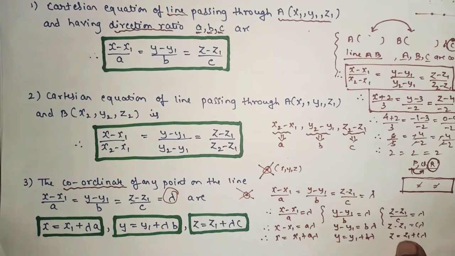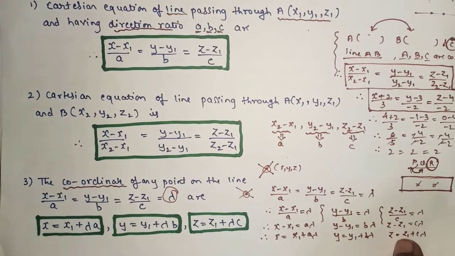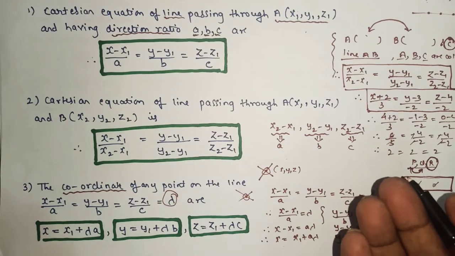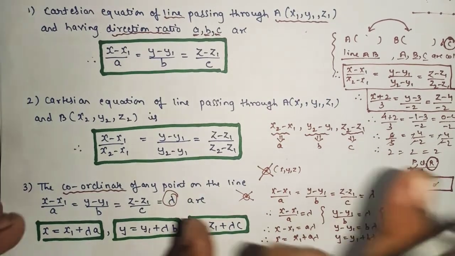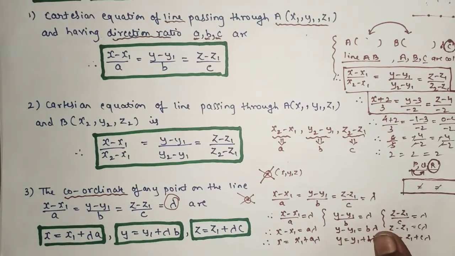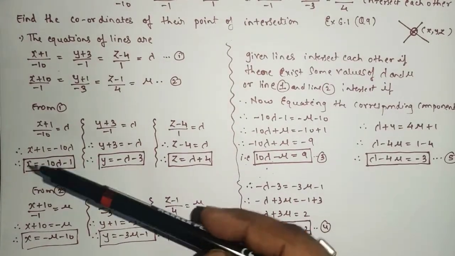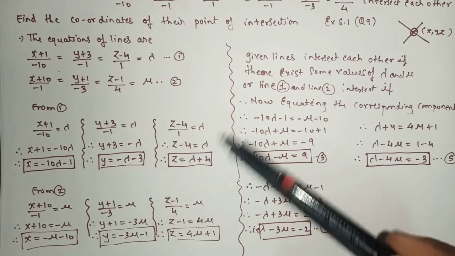So if you want to determine whether the lines are intersecting or not, in simple language, the lines intersect if their x coordinate, y coordinate and z coordinate are the same. So the same concept we are applying here, assuming that their x and y coordinates are the same.